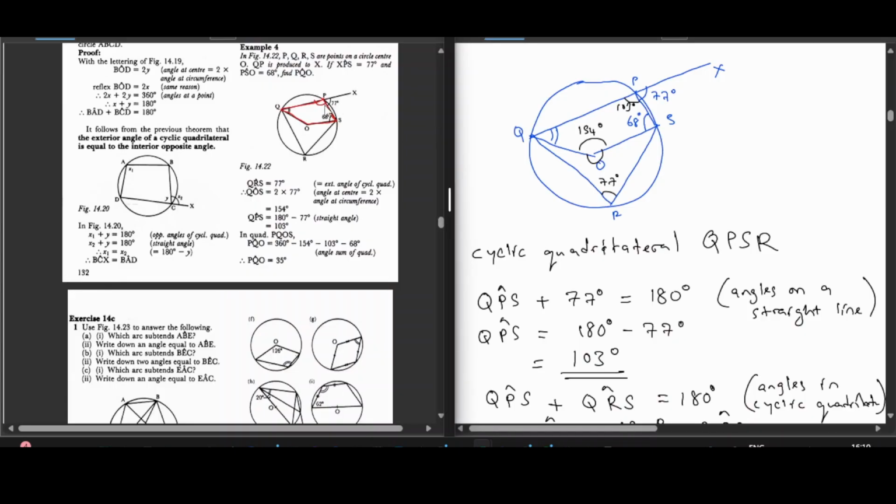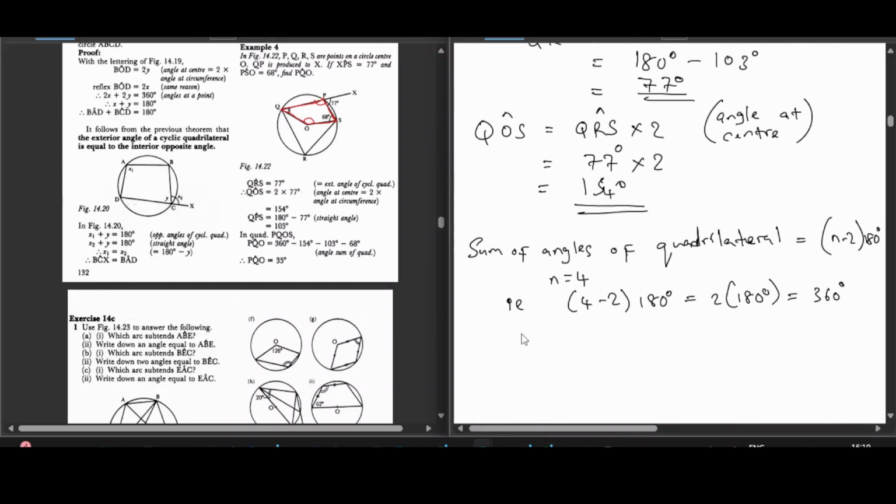So it's not a cyclic quadrilateral, but it remains a quadrilateral with 4 sides. So since we have found this angle and that angle, we can find angle E through basic adding. Since we know this is 360 degrees, we simply say QOS plus OSP plus SPQ plus, so this should be 4 angles, QOS, alright, plus PQO should give us 360 degrees.